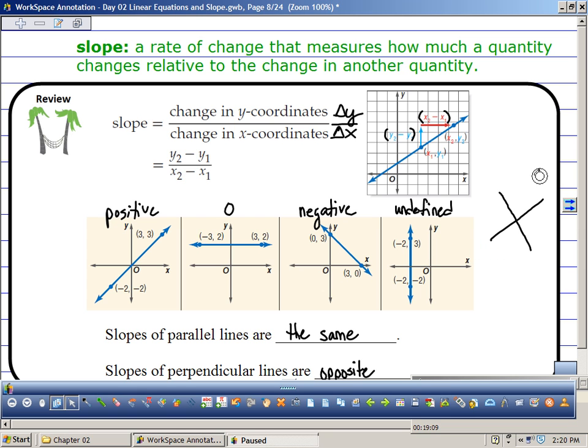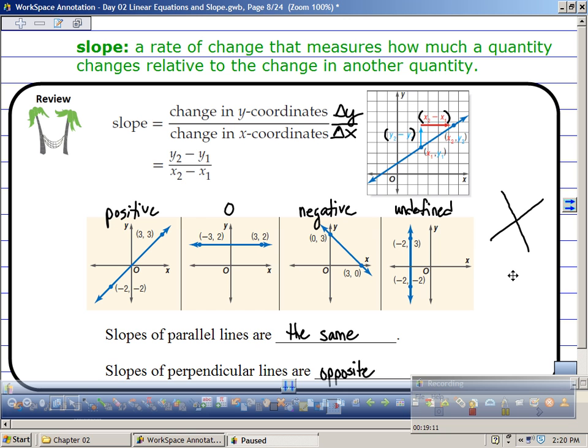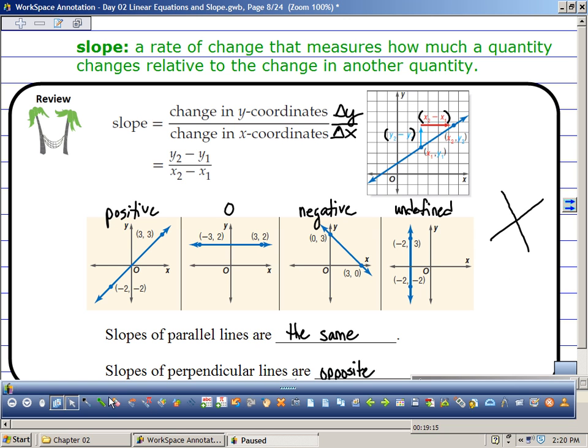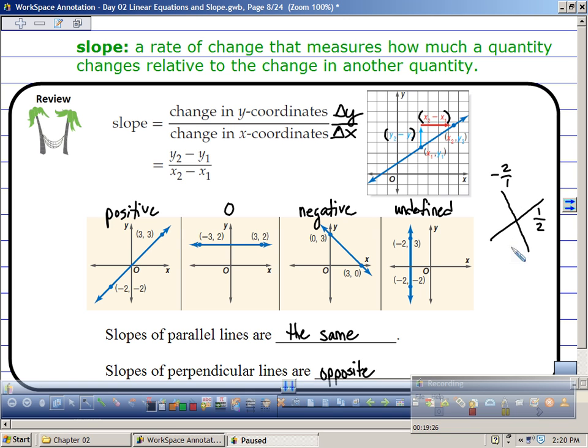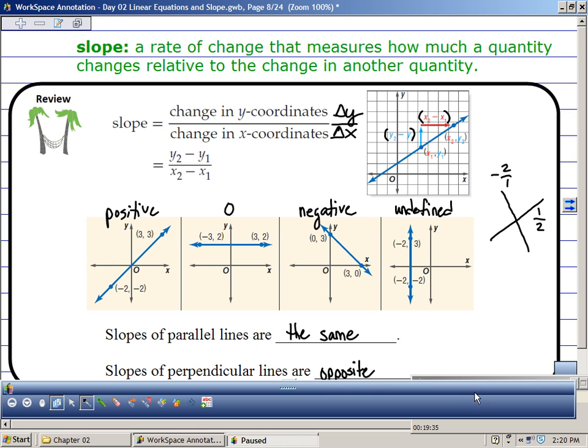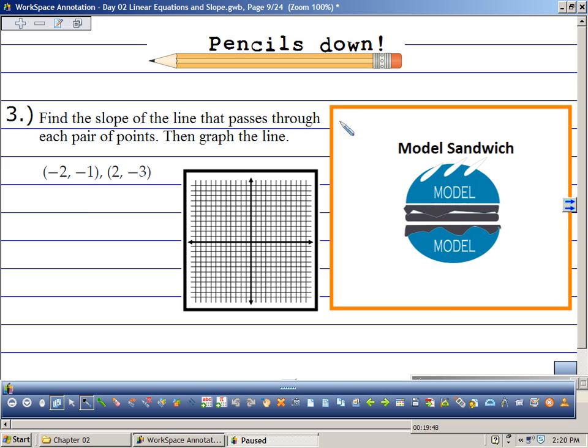This one needs to be a little bit steeper for it to be perpendicular, right? Let's say this line right here was 1/2. This line right here would be -2/1. This one's less steep. This one's the exact opposite. Make sense? So they are opposite reciprocals. These are perpendicular lines.